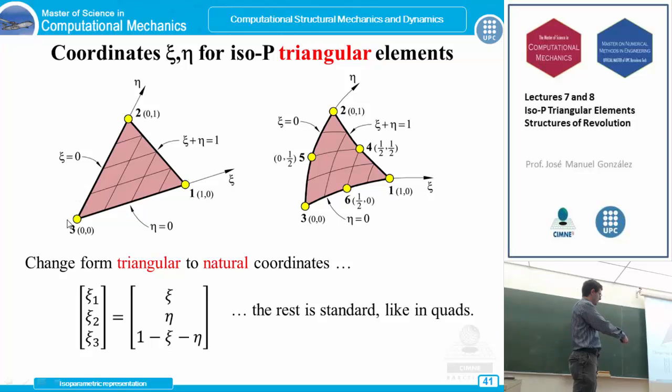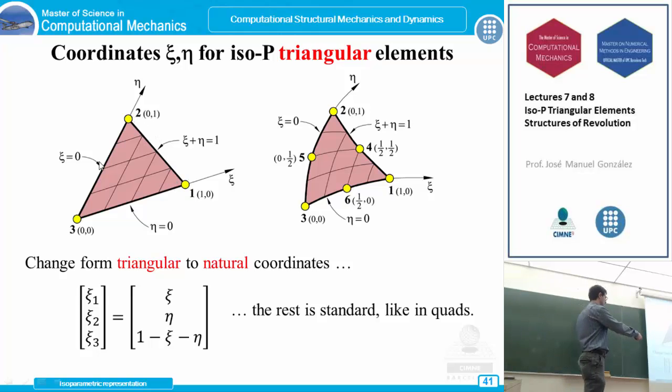And here, this node 3, we could talk about 1 less G, 1 less eta value, which must be 1 here because G and eta is 0, because they are 0 in this side and this side. And this value, 1 less G less eta, must be 0 here, because the sum of these two natural coordinates is 1 in this side, so this third coordinate is 0, it vanishes here in the opposite side.